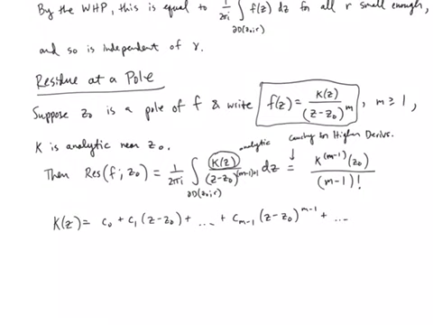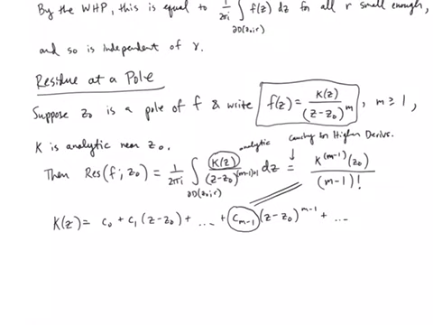Then this quantity here is equal to this c sub m minus 1. The nth coefficient of the power series of a function is the nth derivative at the center point divided by n factorial. So that's exactly equal to that quantity there.